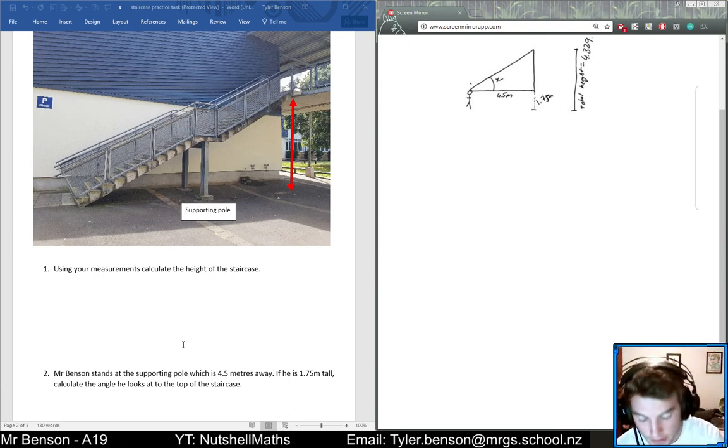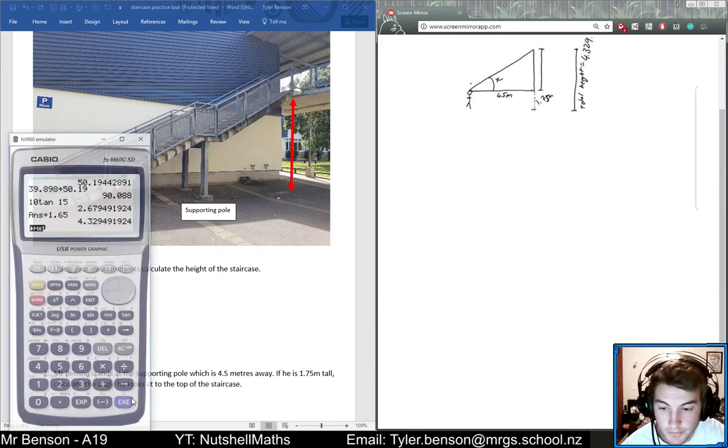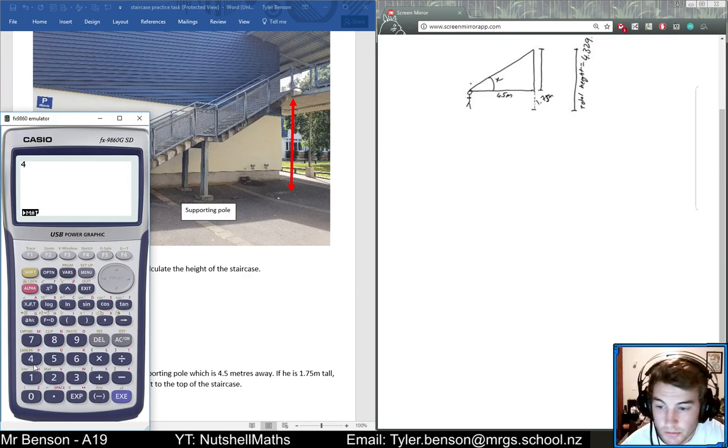Which means this length here, how are we going to find this length? Well, it's going to be that total minus this little height here. Right, so the total 4.329 minus this little height 1.75.